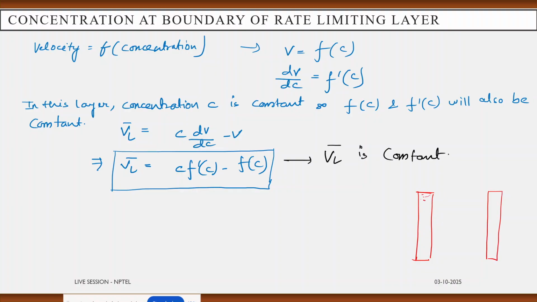Initially it was fed with the slurry, having the initial concentration C0, and Z0 is the height. This is case 1.